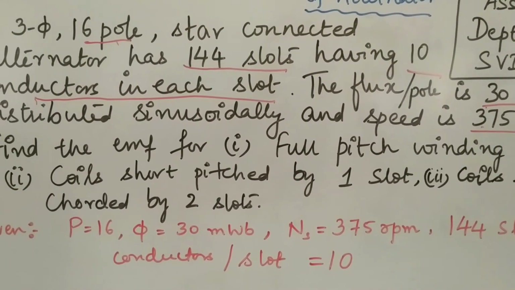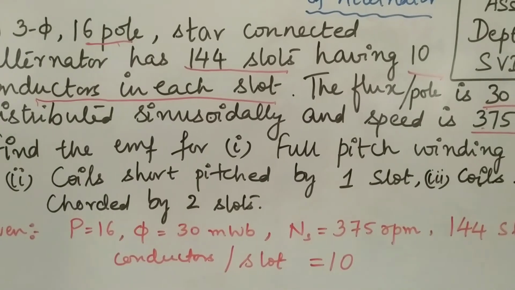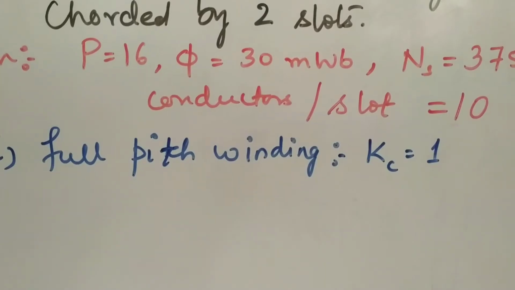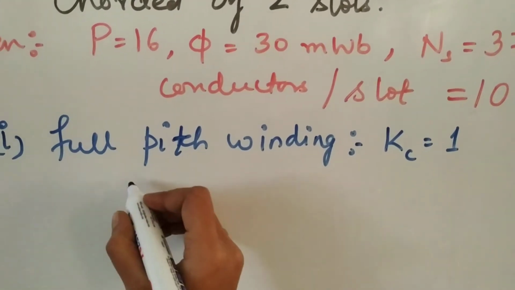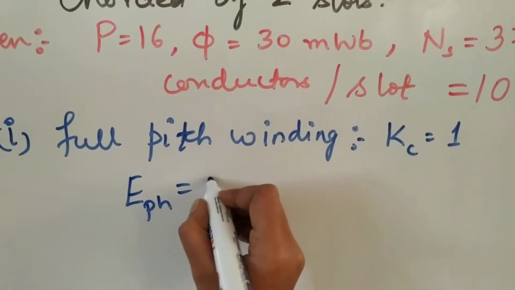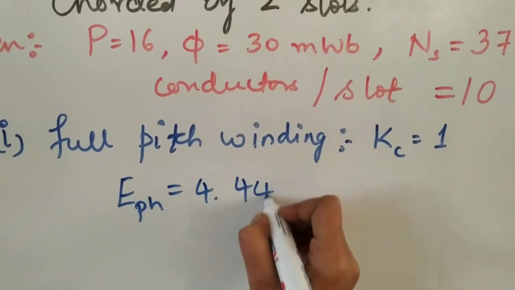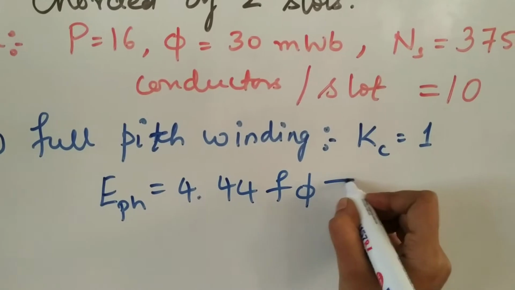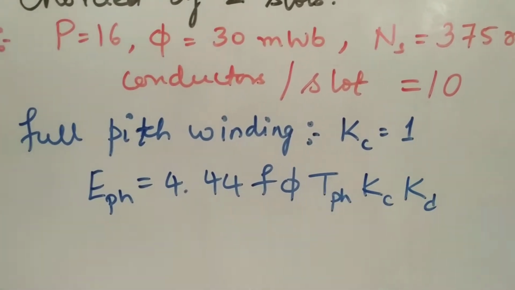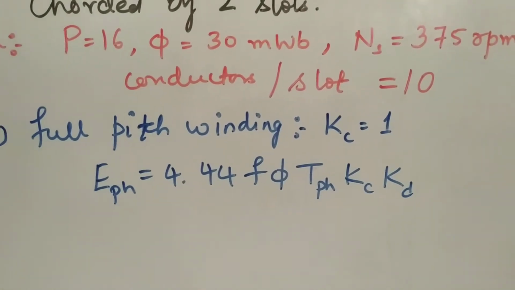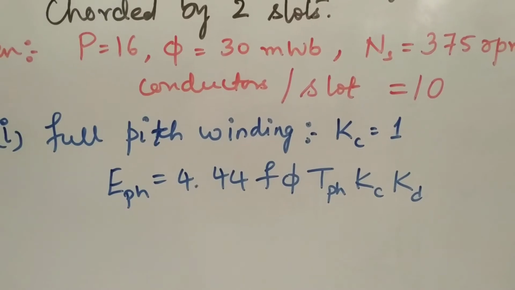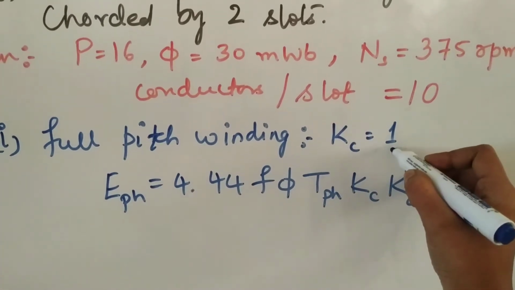Now we need to find the EMF produced with the full pitch winding. Let us recall the formula of the alternator: E phase = 4.44 f phi T phase Kc Kd. For the first case, the full pitch winding, the Kc value will be equal to 1.